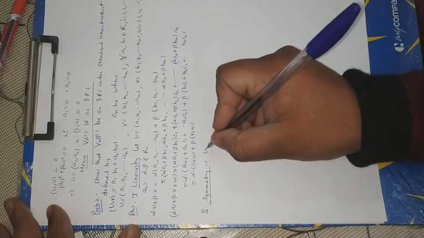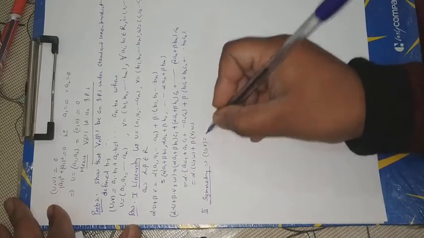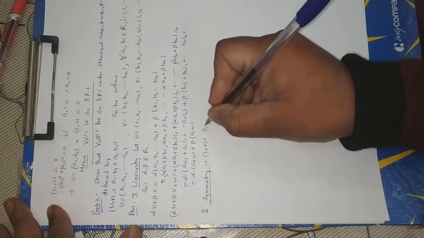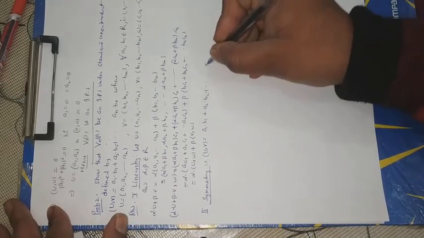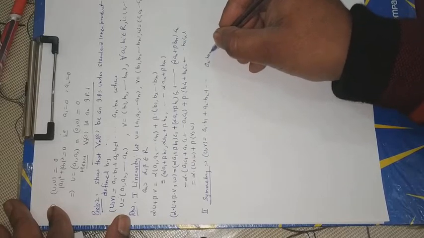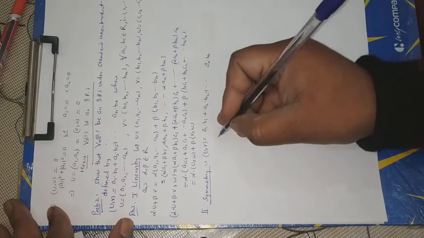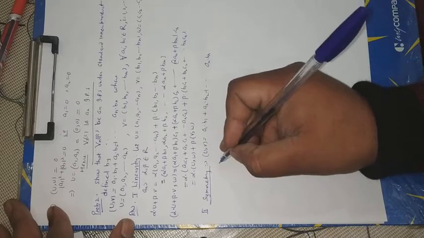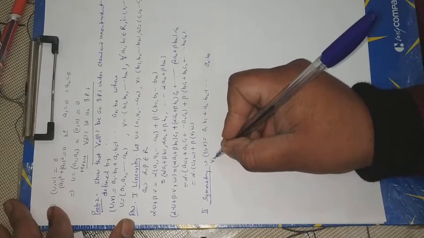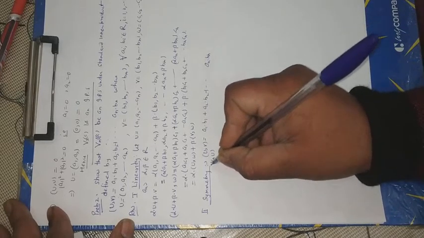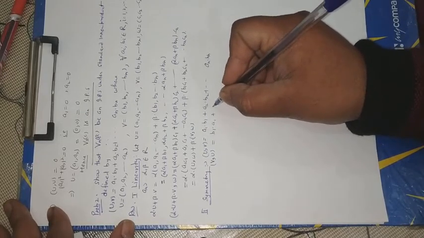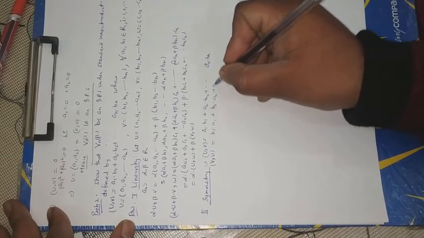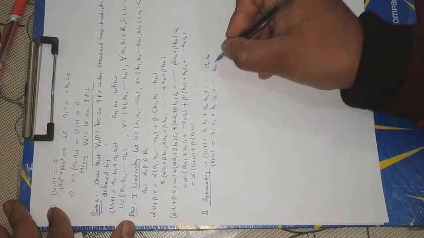Now U inner product with V is equal to A1 into B1 plus A2 into B2 plus up to dot AN into BN. Okay. Now we can write inner product V with U is equal to B1 into A1 plus B2 into A2 plus up to dot BN into AN.